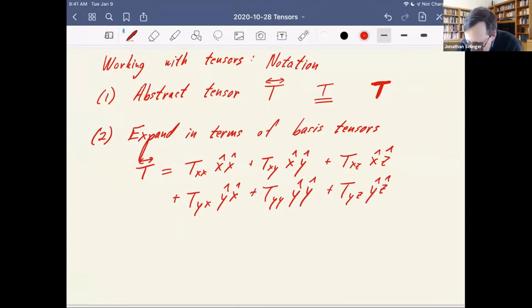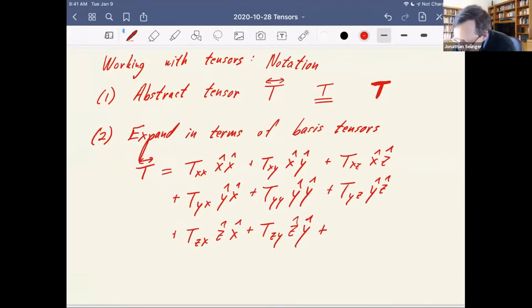I'm just saying, in principle, we could write things this way. And I do so once a year in order to show students, but nobody really does this in real life. Plus Tzz z-hat z-hat. Okay, so in principle, you could do all that, but it doesn't happen very often.